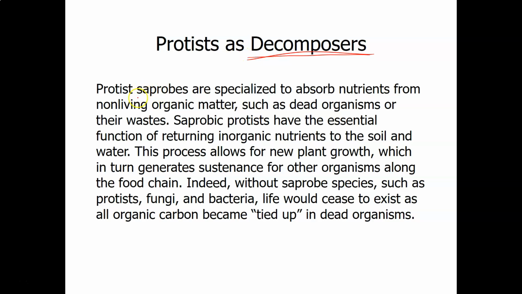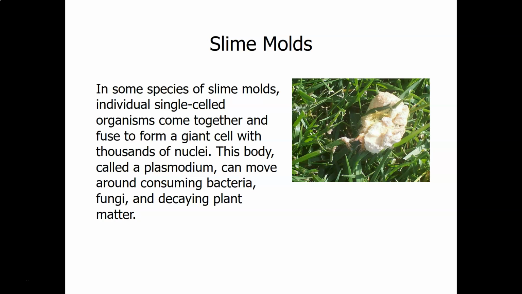Some of the protista are decomposers. We talked about there's some of them called saprobes, that live off of dead organic material or even the waste of living things. So this kind of helps to get rid of a lot of the dead organic material, so that our earth is not consumed with all of that dead decomposing leftover bodies, you know.